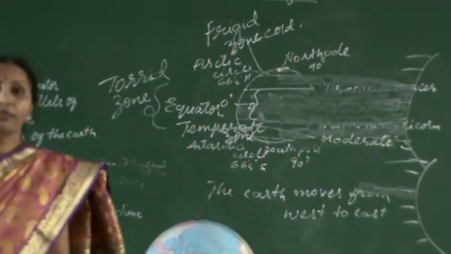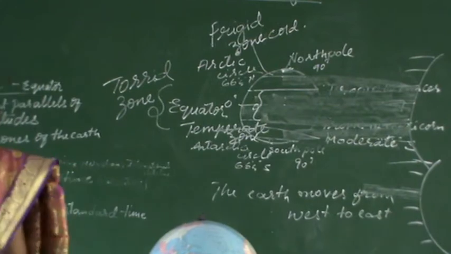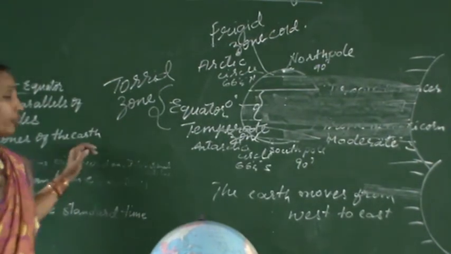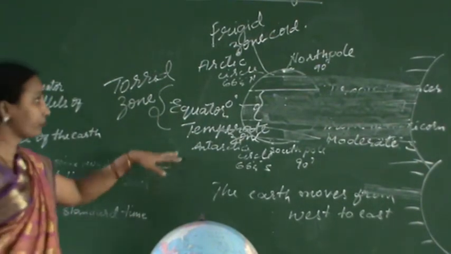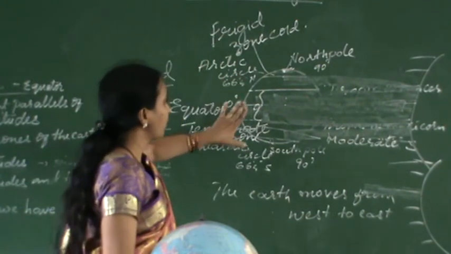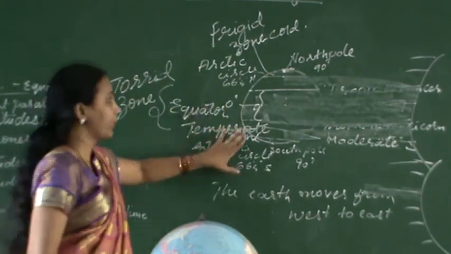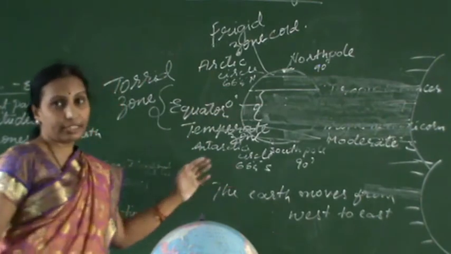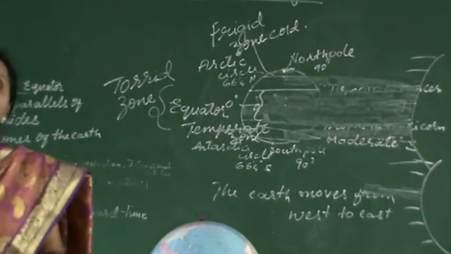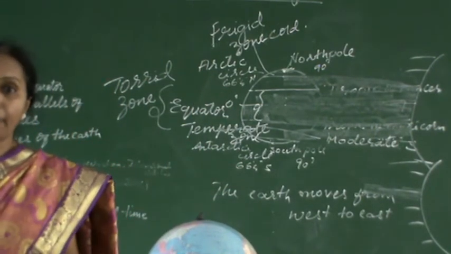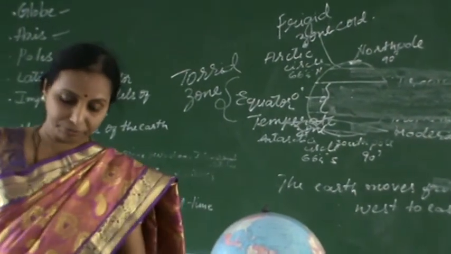These are the heat zones of the Earth: torrid zone, temperate zone, frigid zone. These zones vary in climate and vegetation.